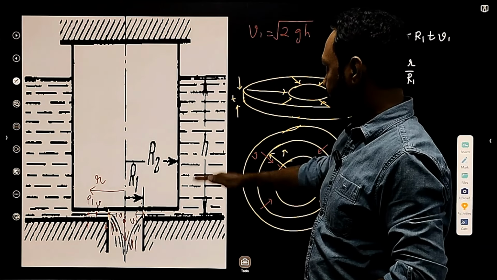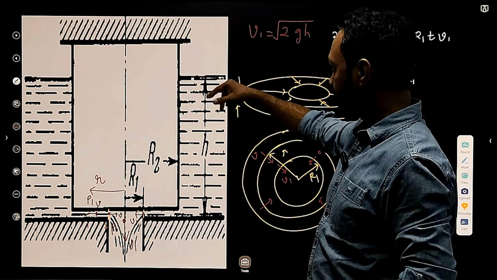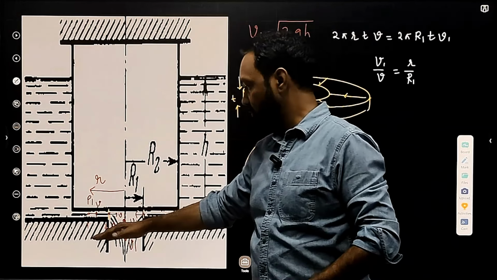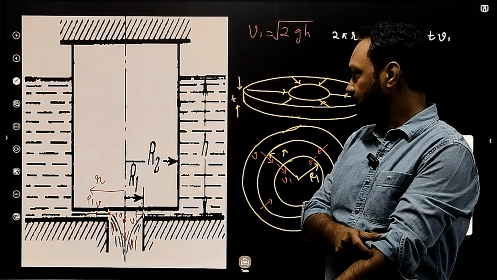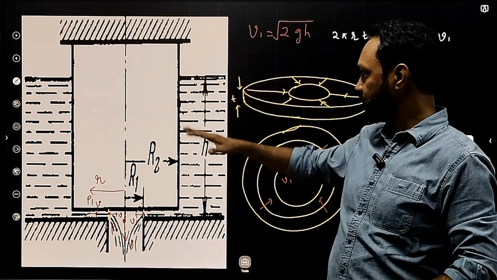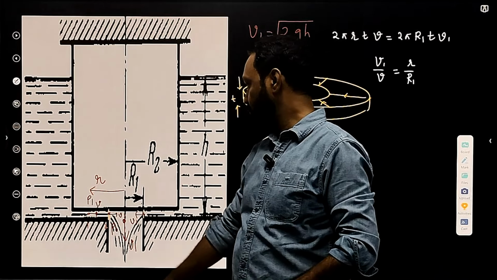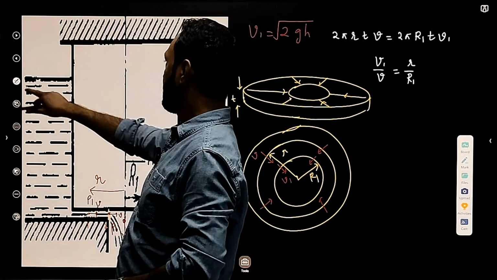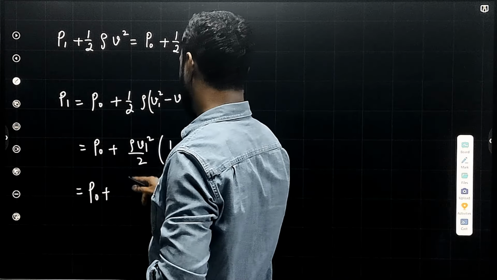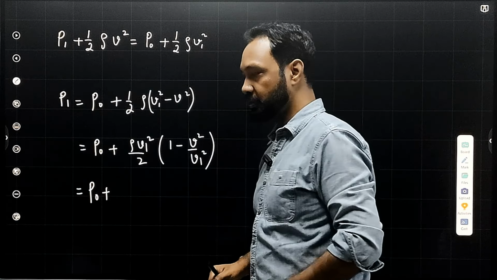That's just simply Torricelli's theorem. This is a large open tank and pressure is P naught. The only energies which are changing are kinetic energy and gravitational potential. So here the velocity would be directly root 2gh. So v1 square is 2gh.